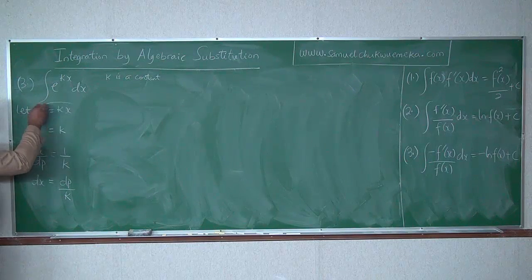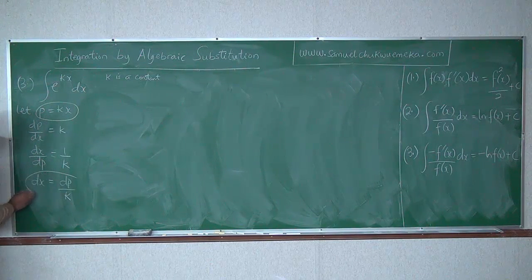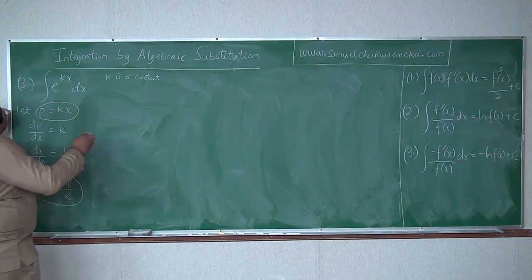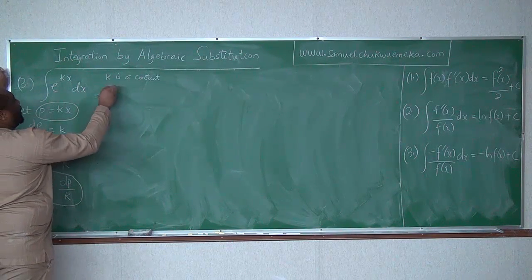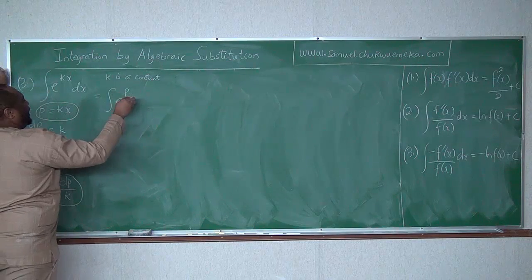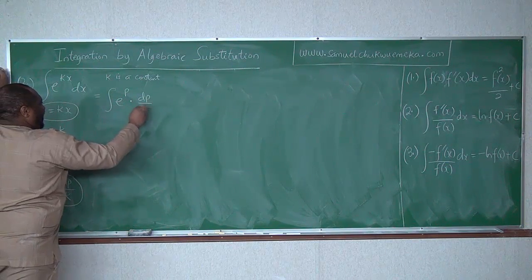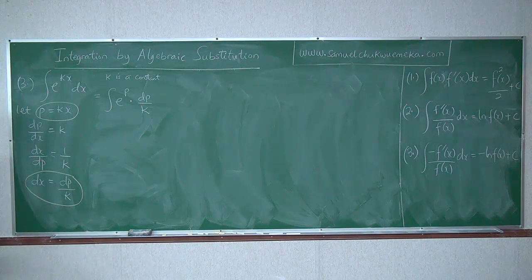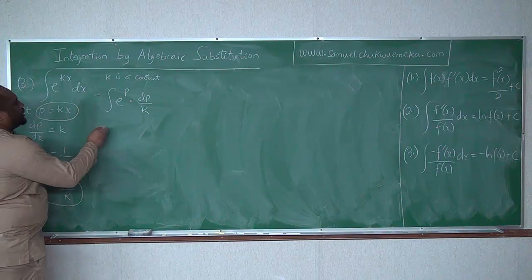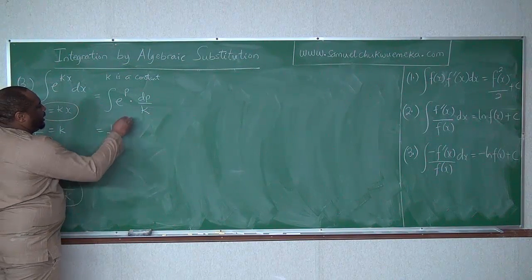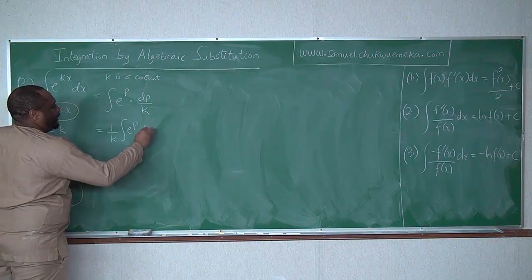So we need this. I am using yellow chalk to circle what I need. This now will give us the integral of e^p times dp over k. See that? And that gives us 1 over k times the integral of e^p dp.